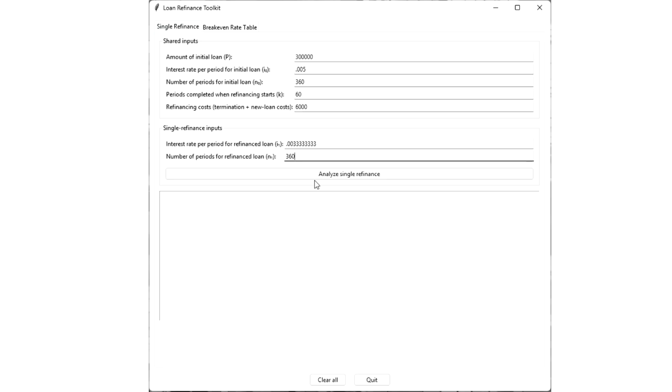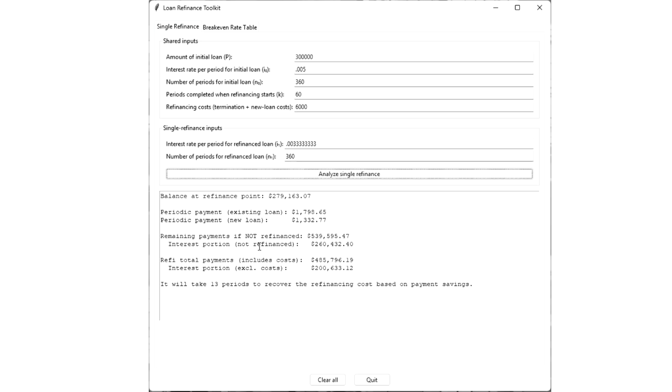Okay, so we have all the information, and this will give us the same information that I discussed in the example. You can see here, this was the balance after 5 years. This is how much money was still owed. This was the amount the Butterfields were paying per month on the existing loan, and then if they refinanced, they would be paying this much a month on the new loan.